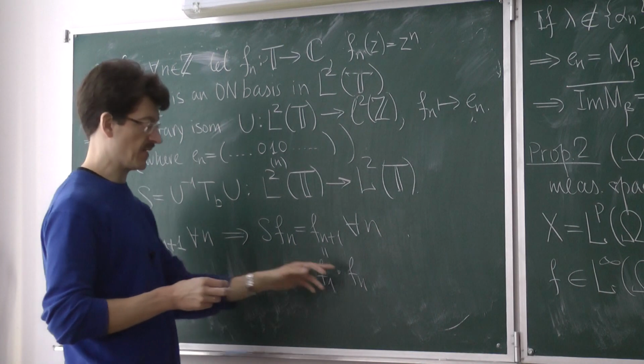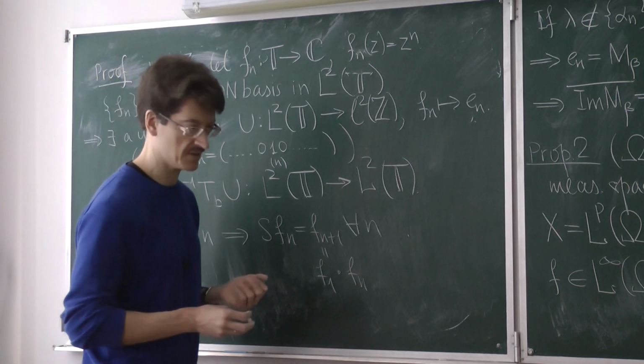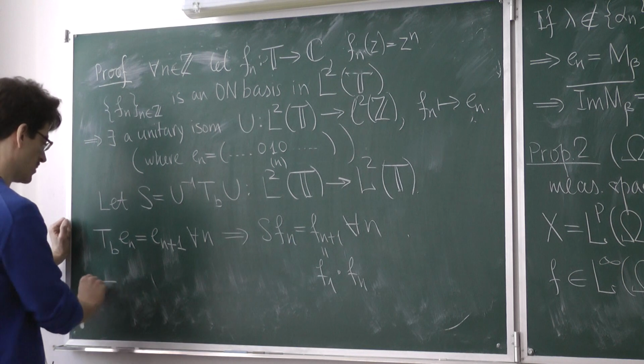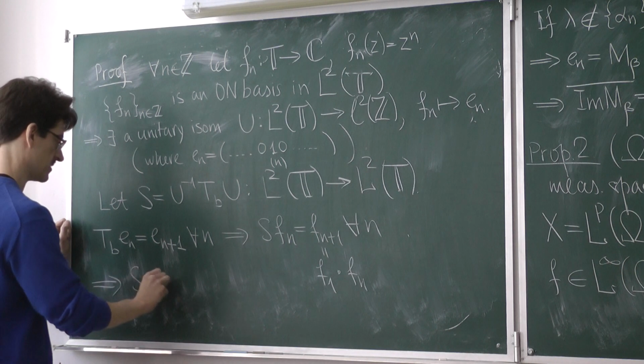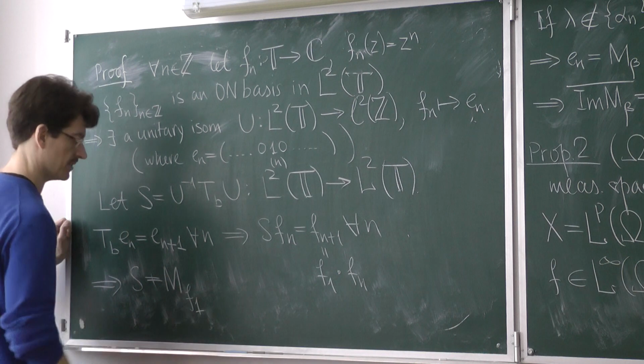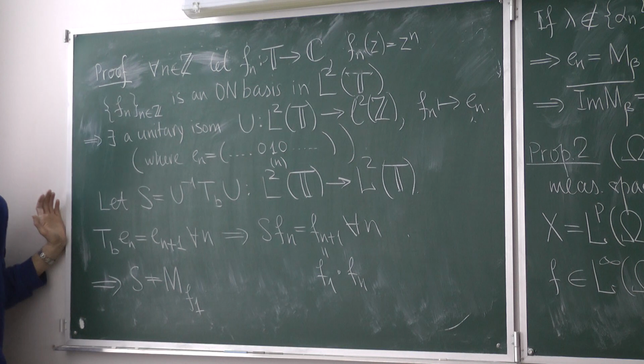And since the Fn form an orthonormal basis of the big L2 space, the linear span of all the functions Fn is dense, we conclude that S is nothing but the multiplication operator, the multiplication by F1. And F1 is just the identity map of the circle, taking z to itself.